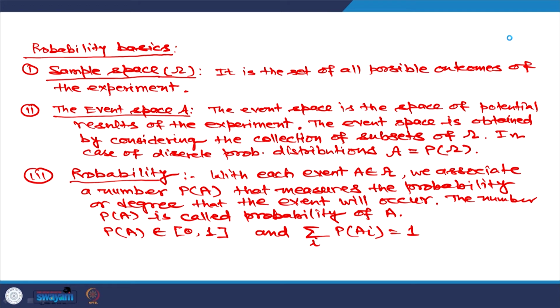Let me give the definition of sample space, denoted by omega. It is the set of all possible outcomes of the experiment.